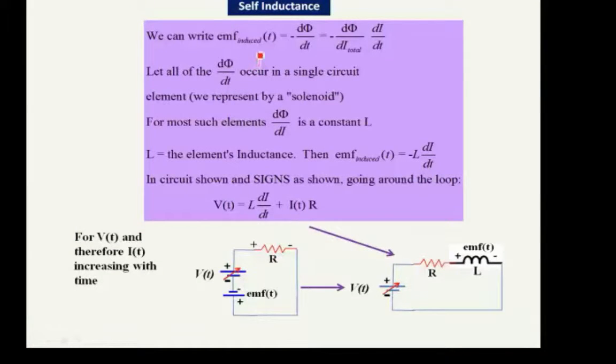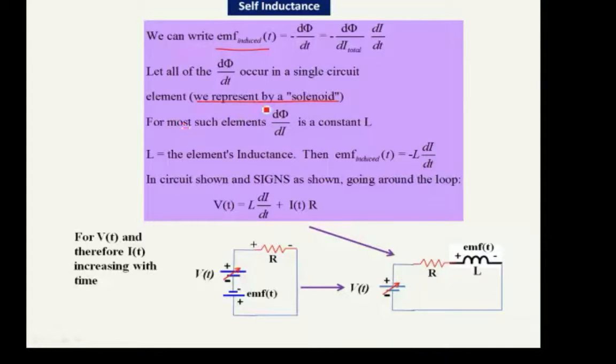We're going to now introduce self-inductance. So we've written the EMF just like we did before. We're going to let all of this flux occur in a single circuit element, and we are going to represent that by a solenoid.